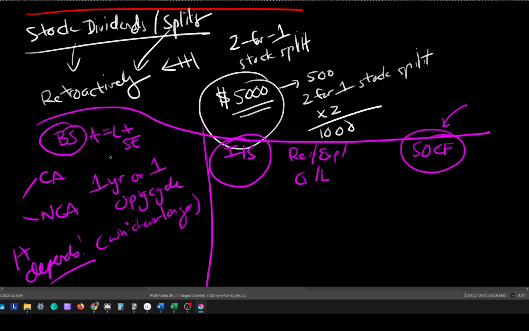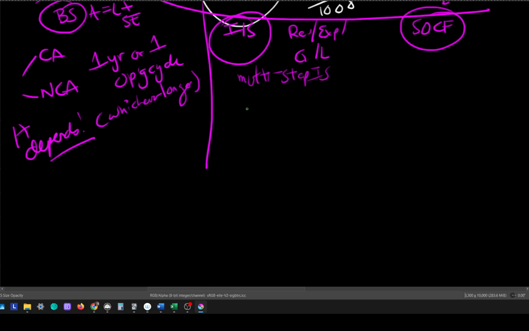All right, that's how you treat the investment in equity securities as fair value method. Under the income statement, suppose you had a multi-step income statement. Let's just go through the multi-step income statement because that's going to help you a lot in the exams as well.